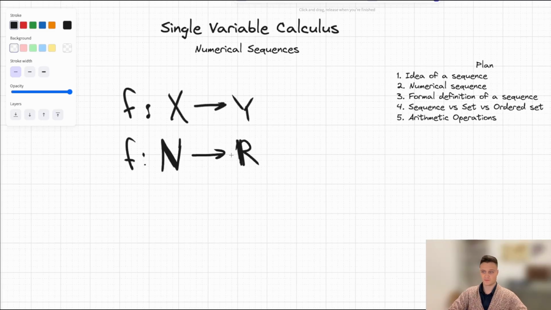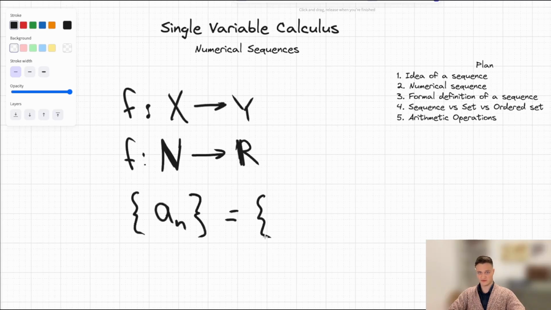A note on the notation. We say that a sequence may be denoted as, for example, this. This is some common general element, and this is equal to the following definition. So if there is a sequence a1, a2, and so on, an, and so on, we can denote this in this format.